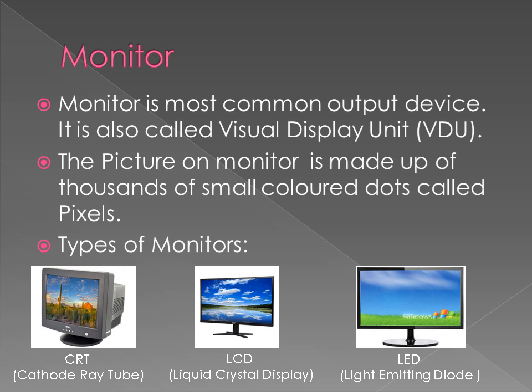The picture on a monitor is made up of thousands of small colored dots called pixels. The result that appears on the screen is also referred to as soft copy. There are several types of monitors like CRT, cathode ray tube, LCD, liquid crystal display, and light emitting diode.